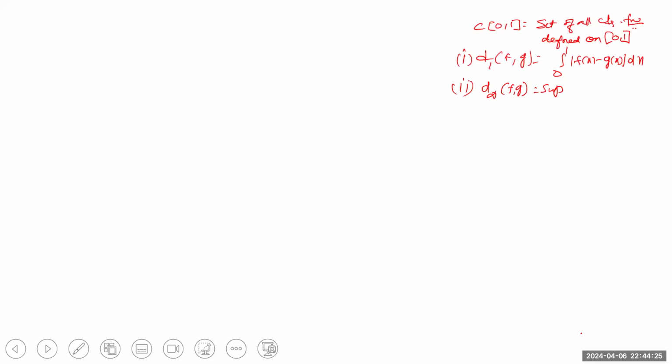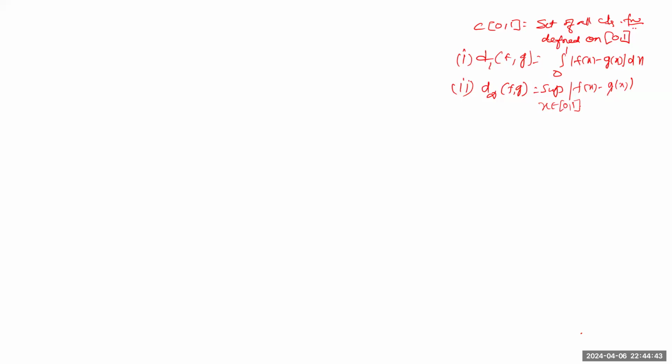And the second one, d infinity of f comma g, that is the supremum of modulus of f of x minus g of x for all x belonging to 0 comma 1.